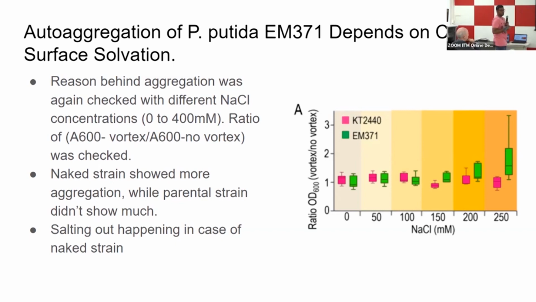That means it is getting flocculated and segregated. Why is this happening in the case of the modified strain is because salting out is happening in that, while the parent strain is not aggregating because of solvation. That means the solid particles are in reaction with the solvent.